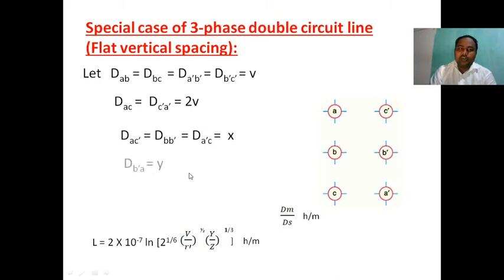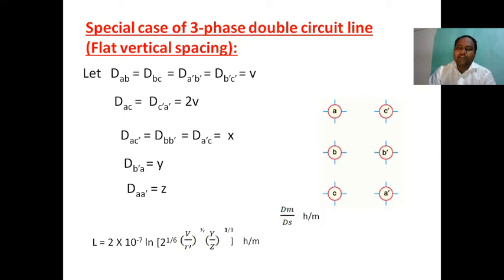Next, the distance between B dash and A. This corner B dash A having the distance Y. The distance between A to A dash: A to A dash having the distance Z. If the distance of A to A dash is Z, what is the distance of C to C dash? C to C dash also has the same distance, that is Z.